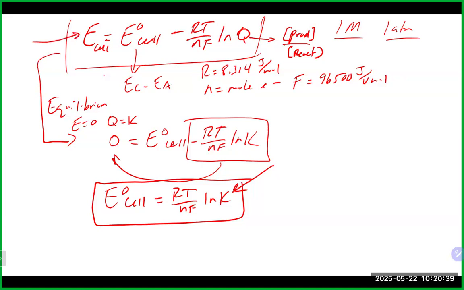Non-standard conditions, obviously that would be the one to go with. If it's standard conditions, all you want is the cell voltage like normal, you could roll with our cathode minus our anode in this case.